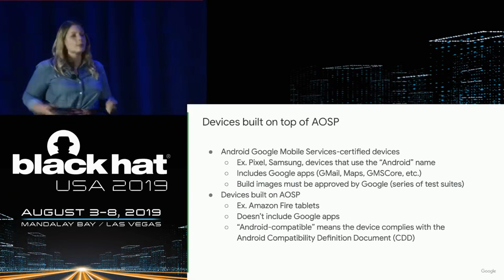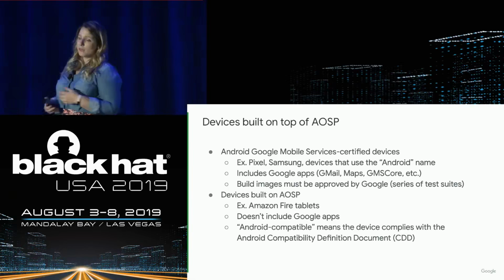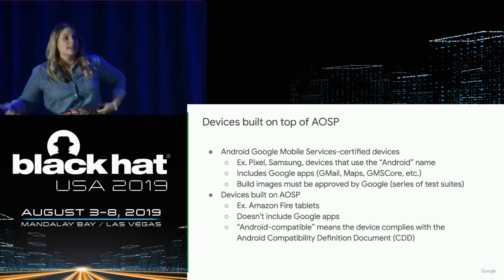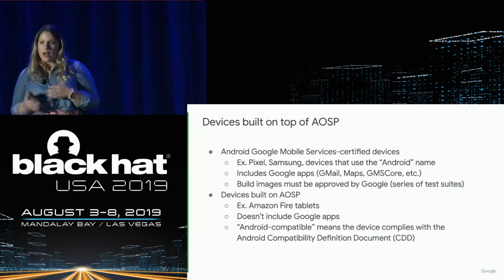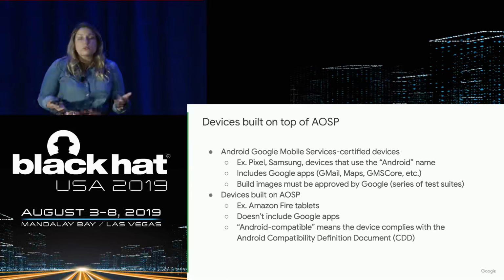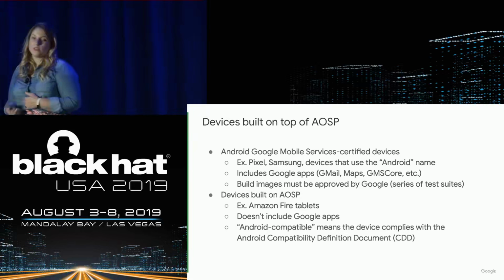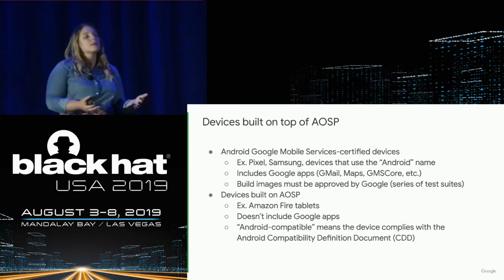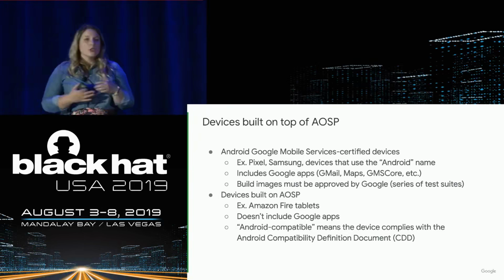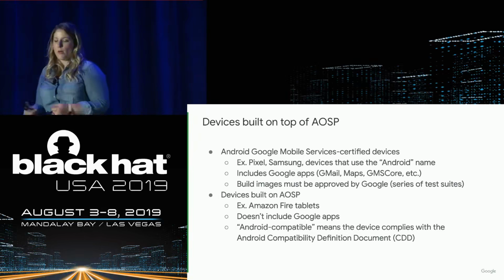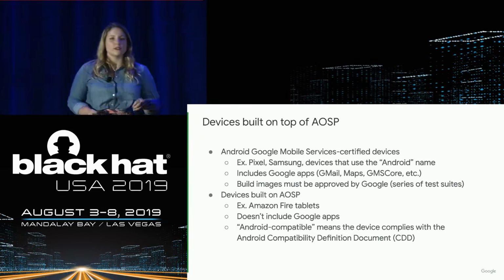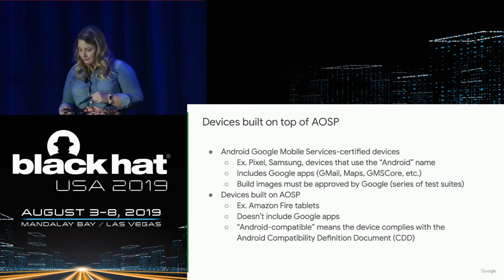Since AOSP is an open source operating system, those device manufacturers and developers don't need or want the Google apps, and thus are just using the open source operating system for what it is. An example of that is the Amazon Fire tablet, where you won't see Google apps on it, and they have put all of their customizations into a new operating system. So those devices are just Android compatible.